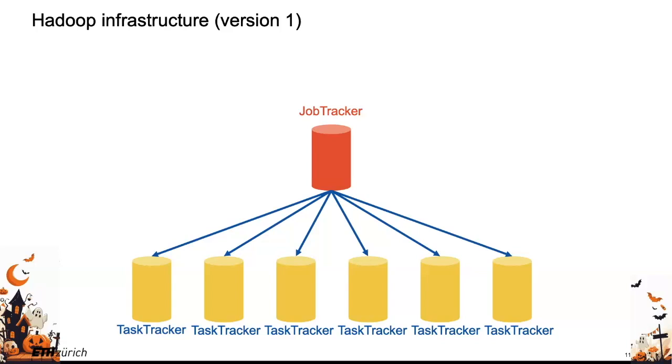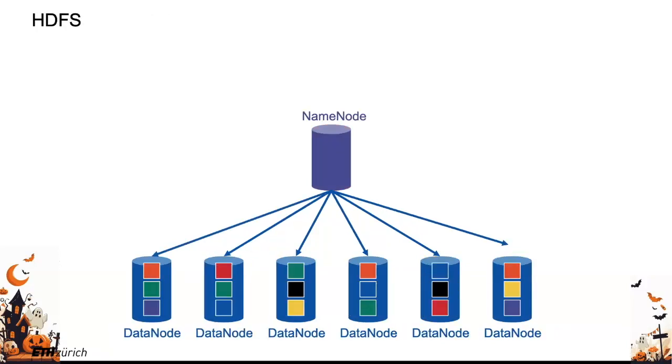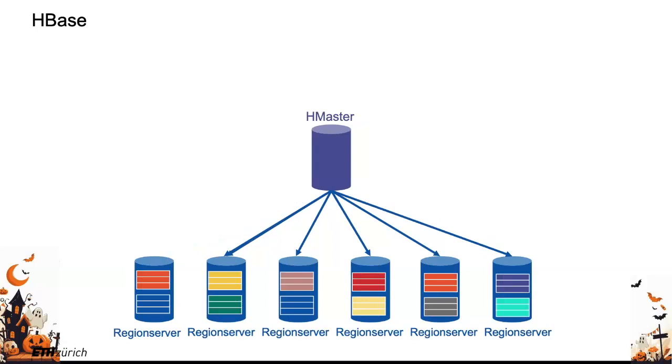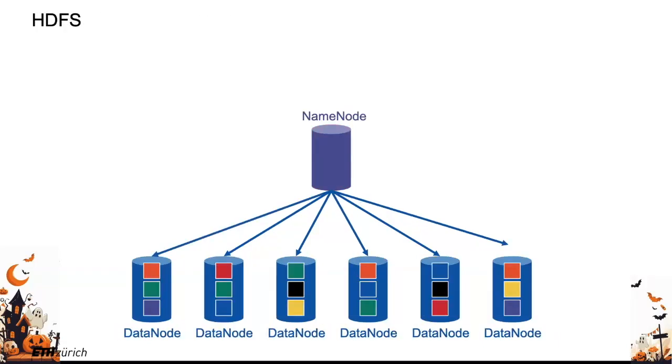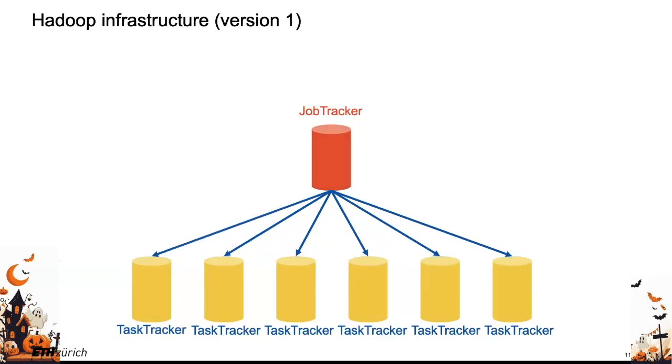So what's important to know is that now we have 3 processes running on every machine, right? On the coordinator node, we have on the same machine a name node process, an HMaster process, and a job tracker process, all running on the same machine. And we have on the same machine a data node, a region server, and a task tracker, all running on the same machine. All right, so far so good?